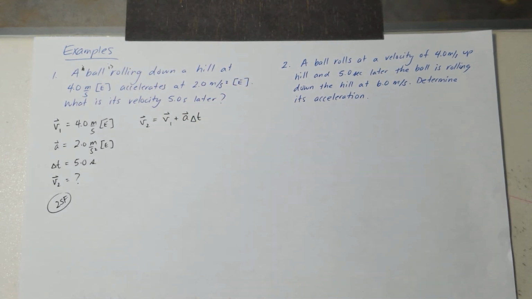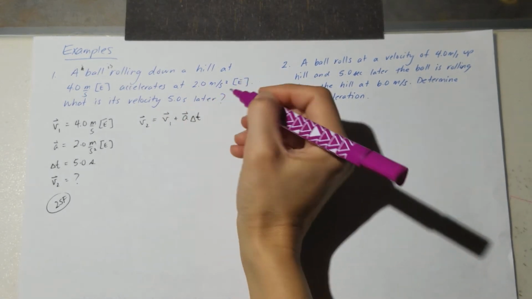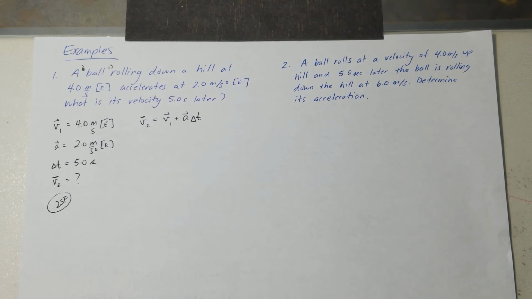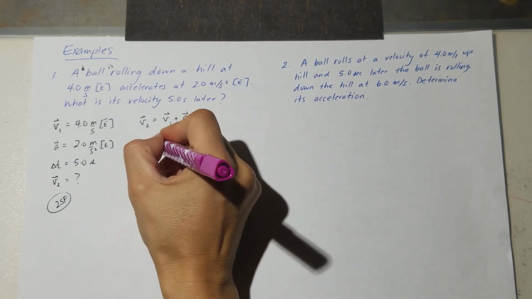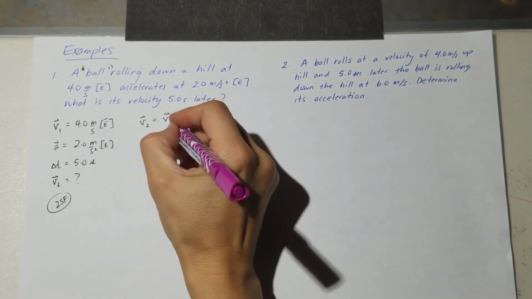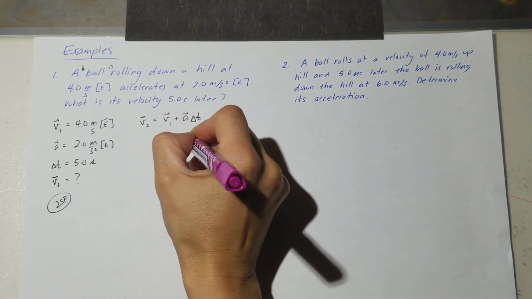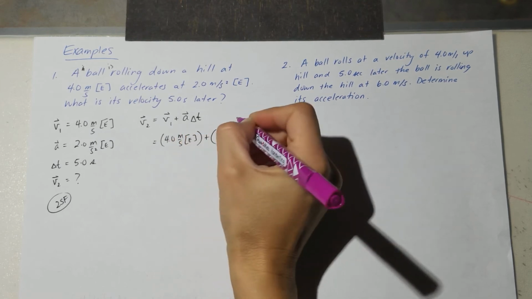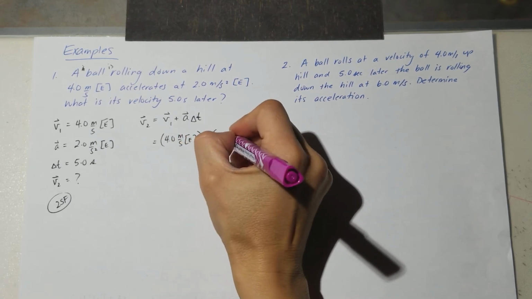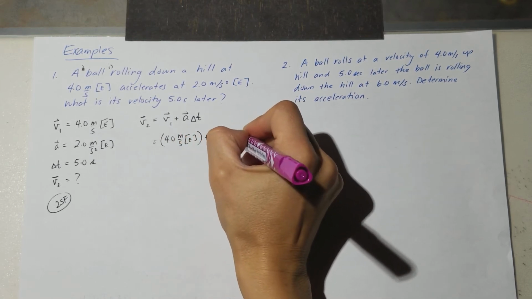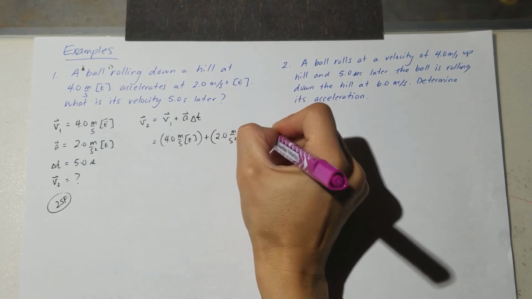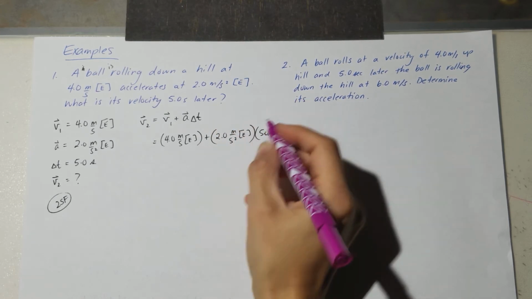Okay, and you can take that right off your formula sheet that I've handed out in class, or will hand out in class. And put in our variables with brackets. v1 is 4 meters per second east plus 2 meters per second squared east times 5 seconds.